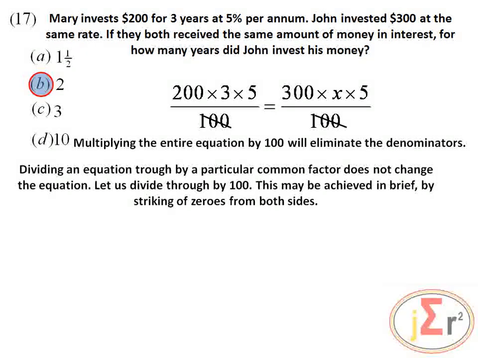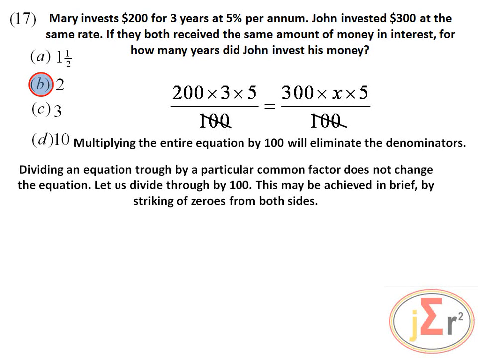Dividing an equation through by a particular common factor does not change the equation. We always do that, and we are comfortable doing that because we know that dividing or multiplying an equation through by a common factor does not change the equation.